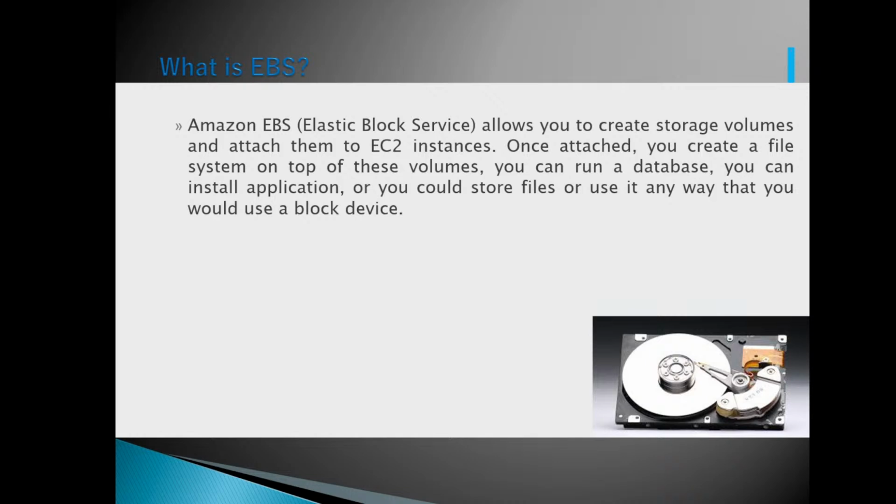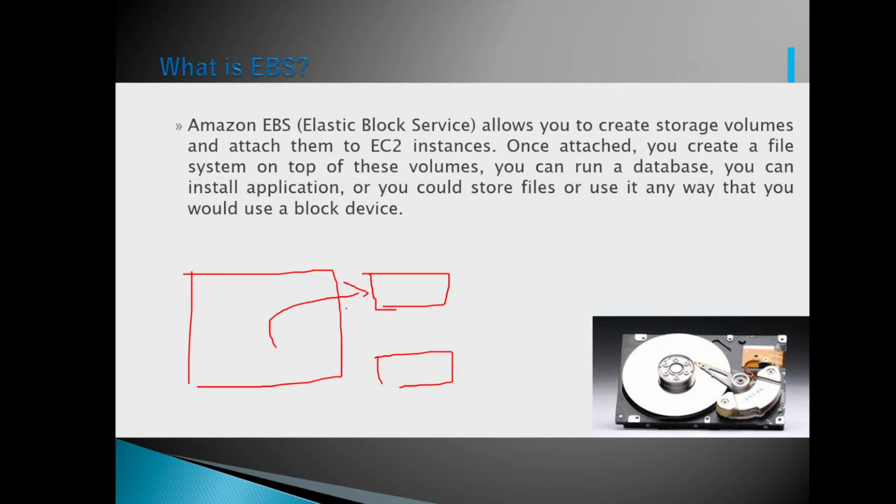So basically, assume that this is my system, a computer. You have two types of hard disk. One is this hard disk, another is this one. This is my primary hard disk on which you are going to install your OS and your applications. It is called the root device, root volume.